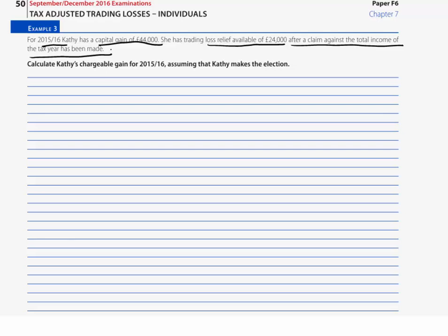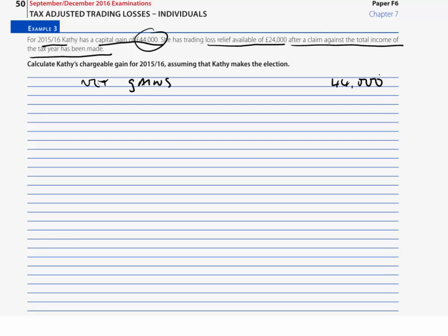Okay, what can now happen to that? Now, what we said we would do is to establish from your CGT computation what were the net gains. Here we've been told that she has a capital gain of 44,000, no reference to any losses. Were there losses in the same tax year, you would deduct them from the 44,000. So the net gains for the year are just the gain of 44,000.